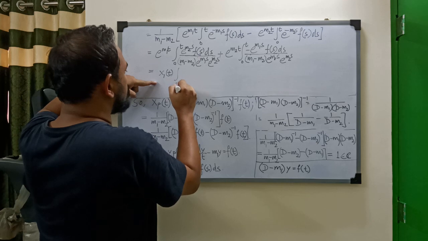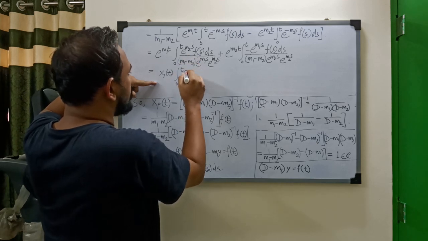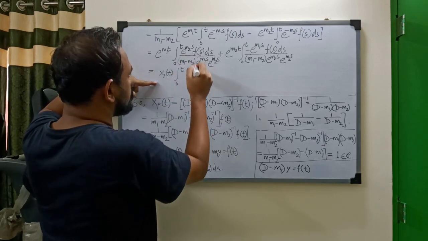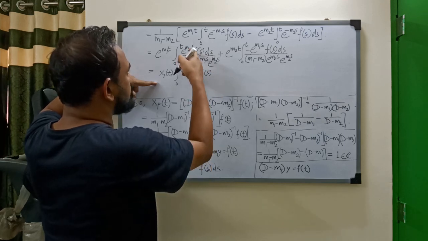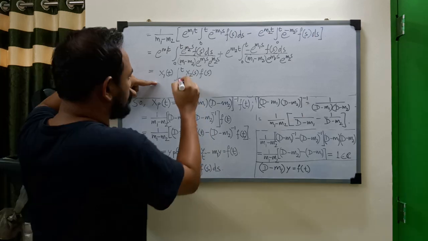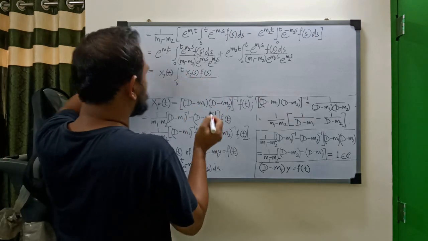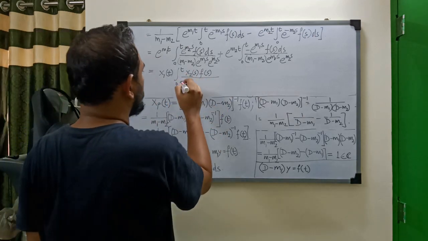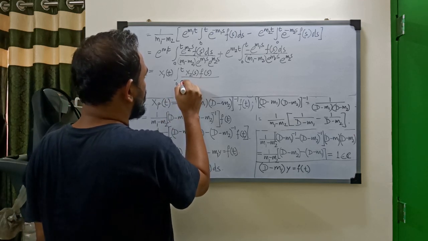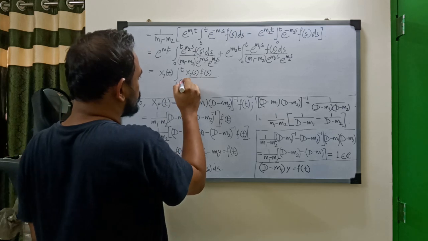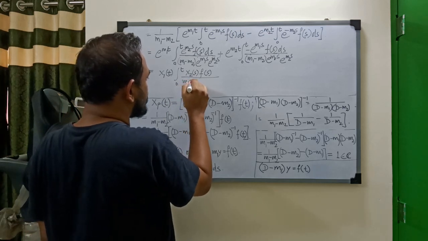And this is 0 to t, this is x2(s) f(s). This is e to the m2s, the second homogeneous solution, divided by m1 minus m2.